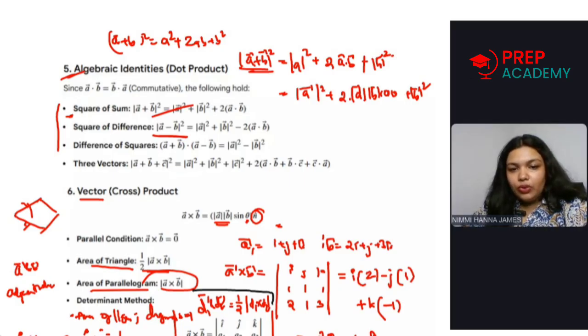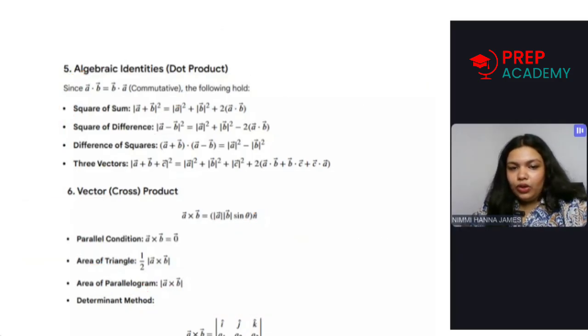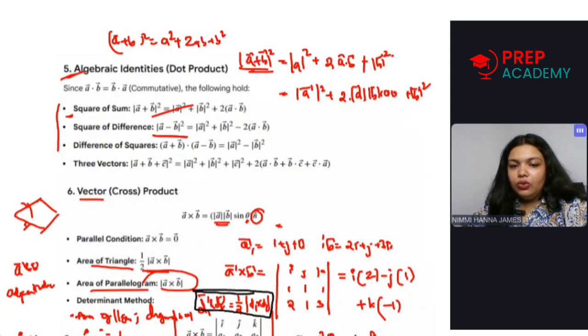That also you have to learn as one of the formulas. Okay, so that's what we had to do about all of these topics. Now we will do some problems, some MCQs, and you will be clear about it.